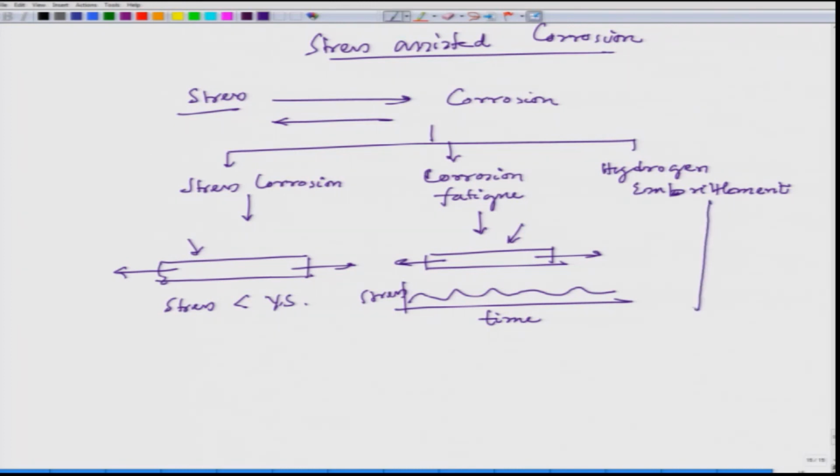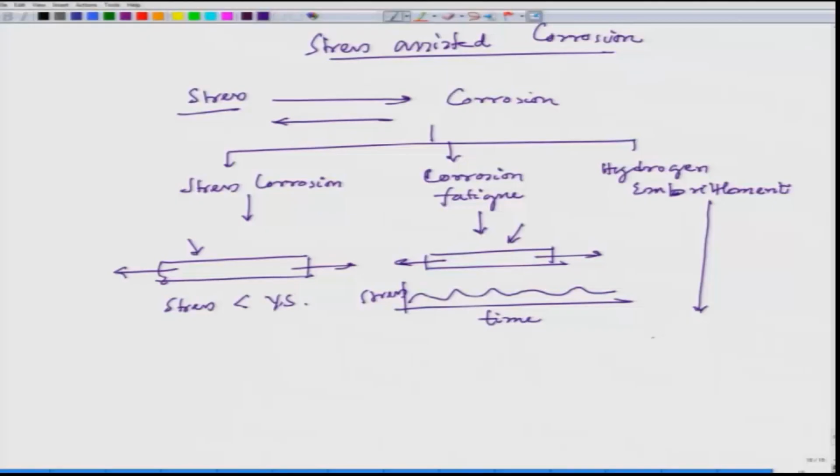And another effect is called hydrogen embrittlement. In many situations, if the component is in an active hydrogen environment, active hydrogen means, for example, some cathodic reaction, H+ plus e, is taking place.